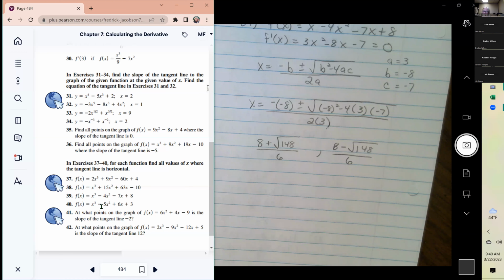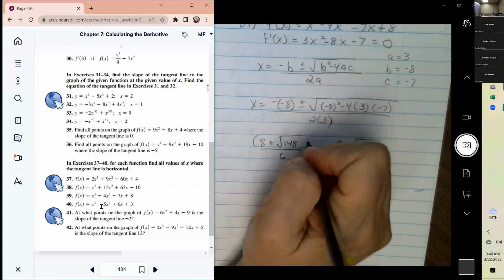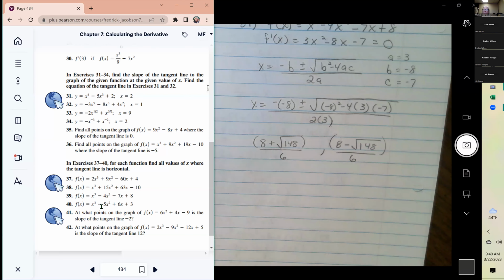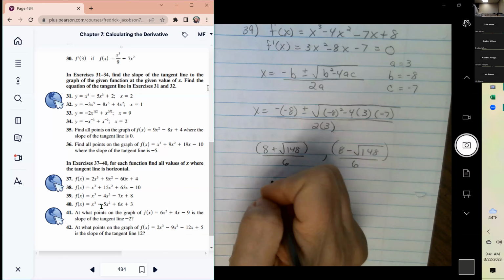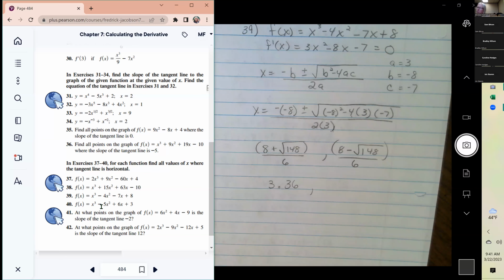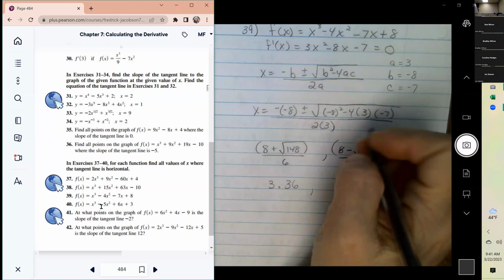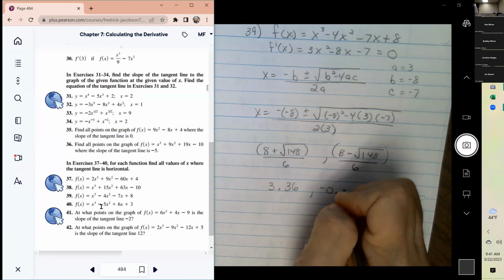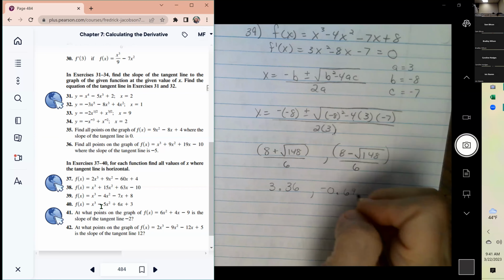Now, if you're going to enter it all at once, you have to put parentheses around the numerator. I just went 2 decimal places.